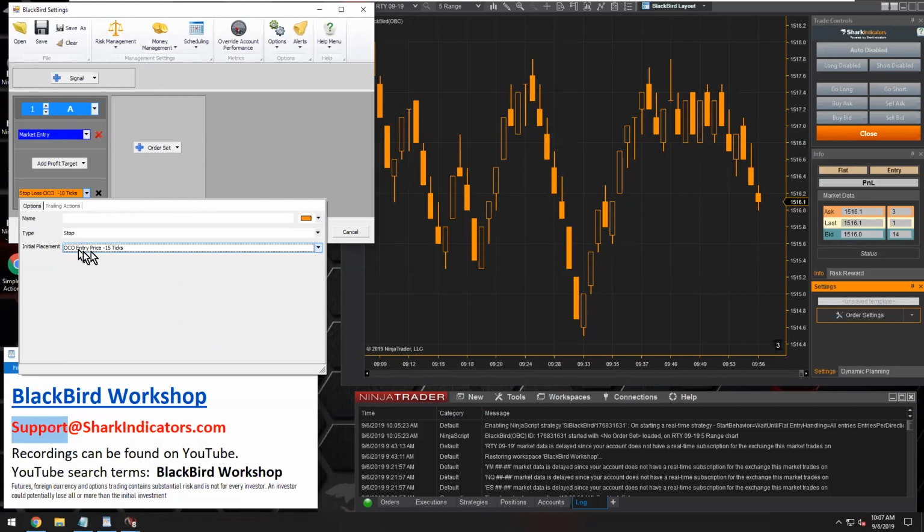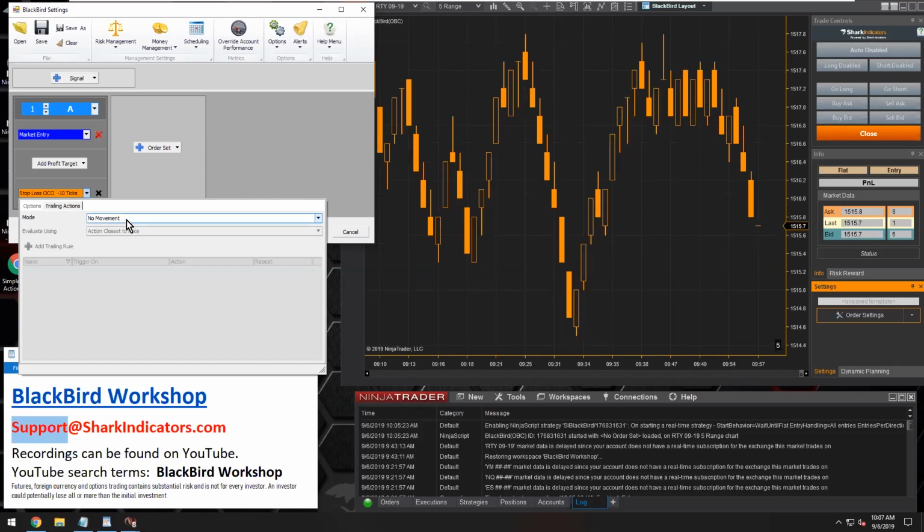Once we have a stop loss started, we're going to switch over to the trailing actions tab here. This is where we can create our custom trailing rules. We're going to change the mode over to custom, and then add a trailing rule down here.